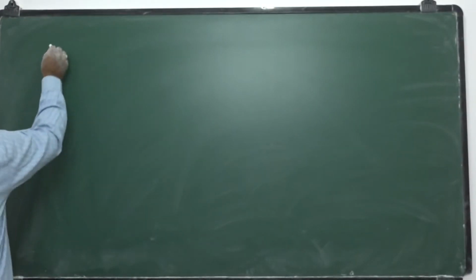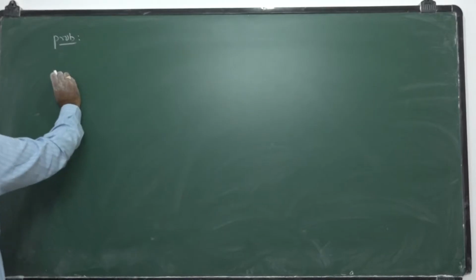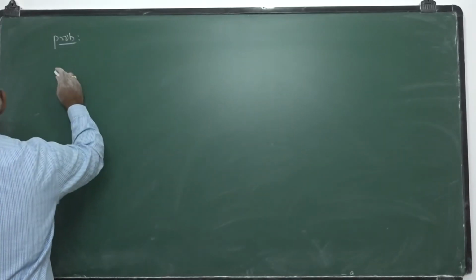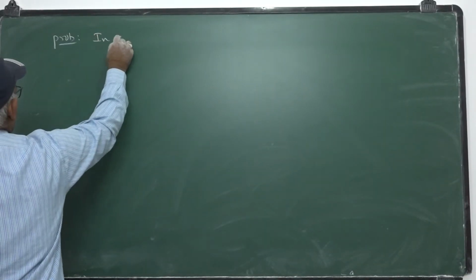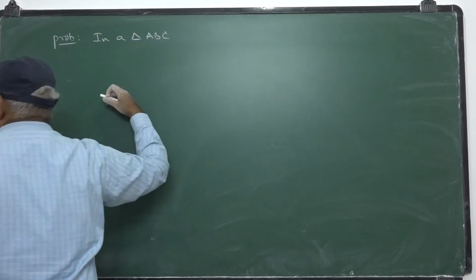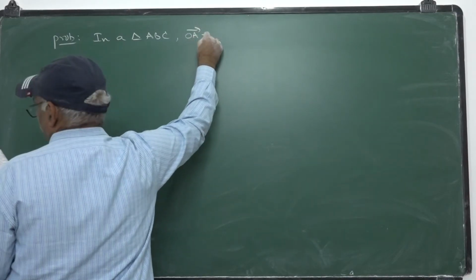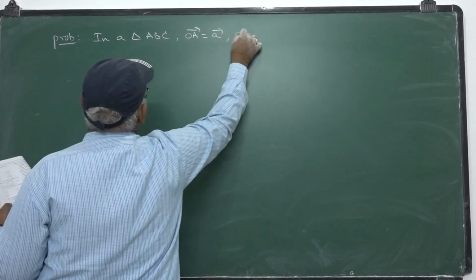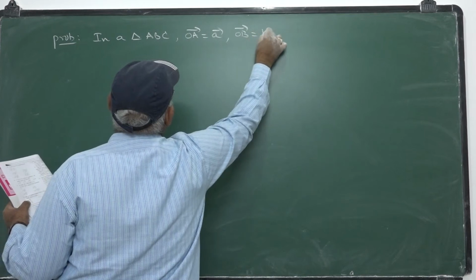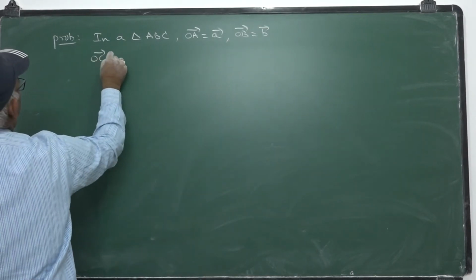Next problem. In a triangle ABC, the position vector of A is A bar. The position vector of the vertex B is B bar. The position vector of vertex C is C bar.